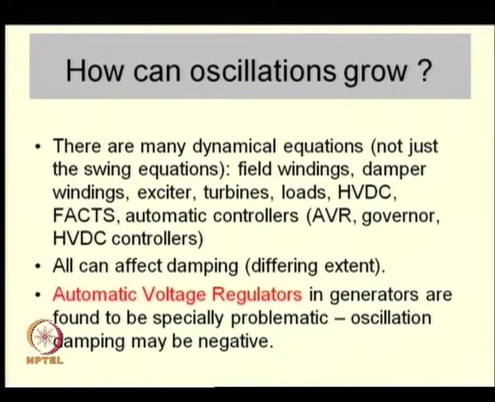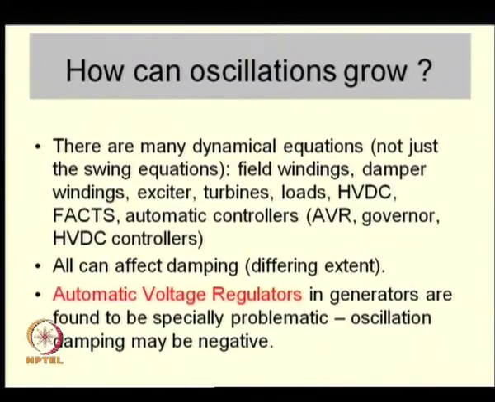So, you have the dynamical equations corresponding to field winding fluxes, damper winding fluxes, the exciter, the turbines, the loads, then the control systems: the AVR, governors, HVDC controllers, flexible AC transmission system controllers, which are of course power electronic controllers in many power systems. One of them we will be discussing in this particular lecture. All of them can affect damping, of course, to a different extent.